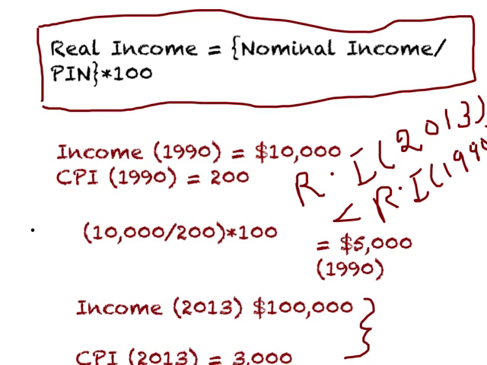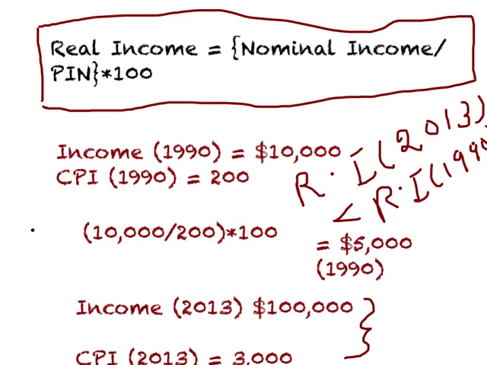So what has happened is, though my nominal income has increased 10 times, prices have increased more than that, that is 15 times, and so my real income has decreased, or in other words, I have become worse off in 2013 relative to 1990. So this is what we do.